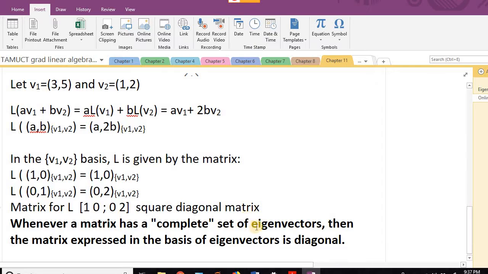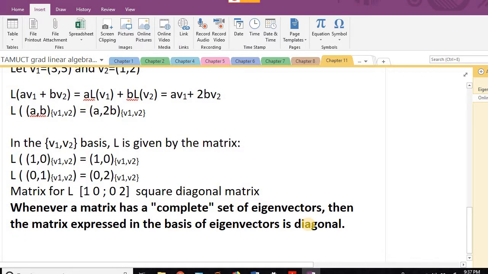And what do I mean by a complete set of eigenvectors? I mean that if you have an n-dimensional matrix, you have n eigenvectors. It means that the eigenvectors actually form a basis.